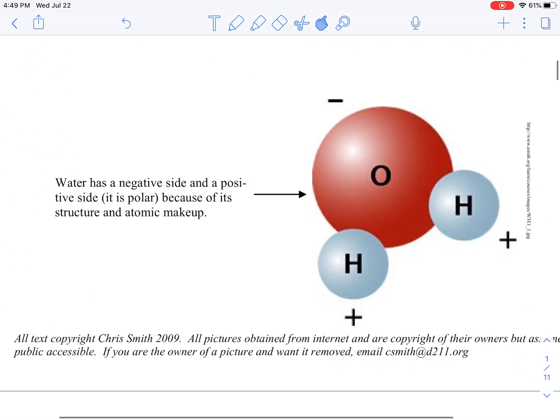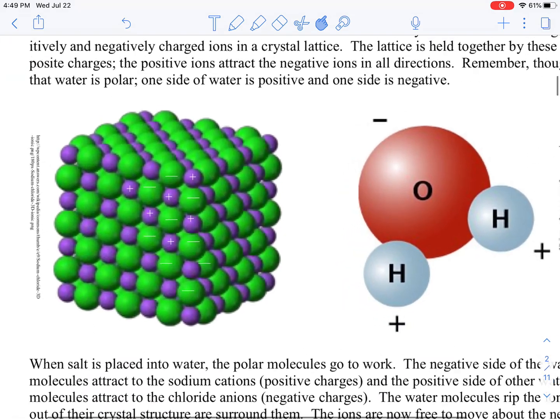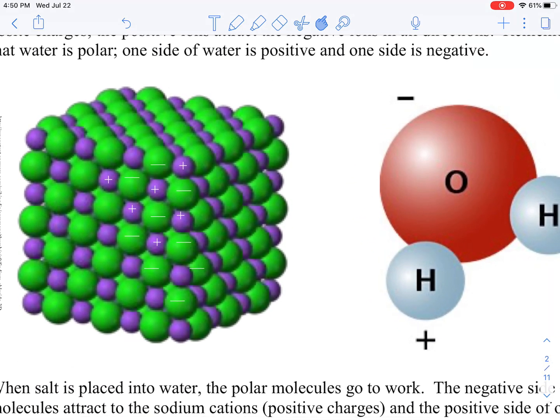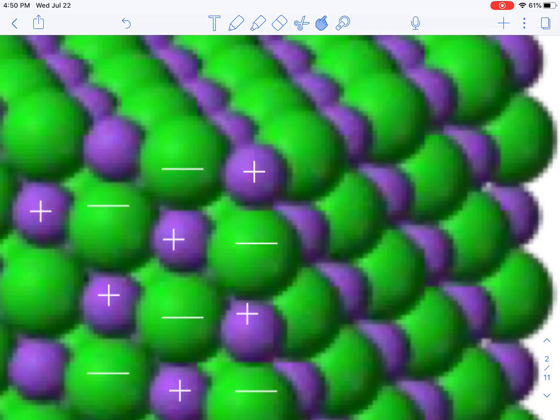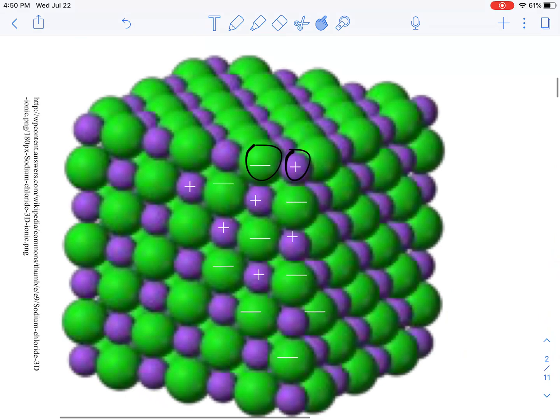And that matters because remember, if you've got a negative side and a positive side on a water molecule, and that water molecule goes to interact with ionic compounds, remember that ionic compounds also have positive and negatives in them as well. So now you have a little bit of a tug of war going on.